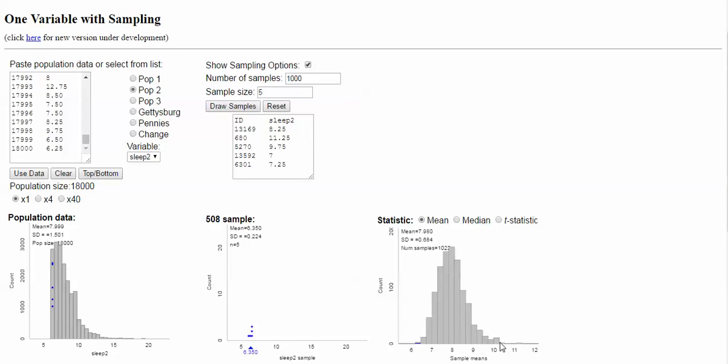If you click on a high sample mean, you'll see that the sample is at the high end of the population. And if you click in the middle, you'll see that the 5 people are in the middle of the population, because when you have 5 people who are in the middle of the population, their sample mean ends up being somewhere in the middle.